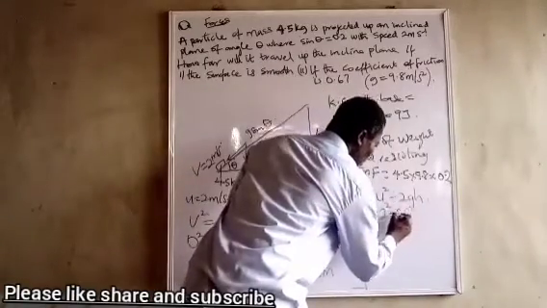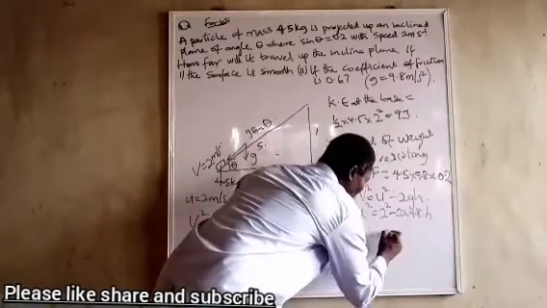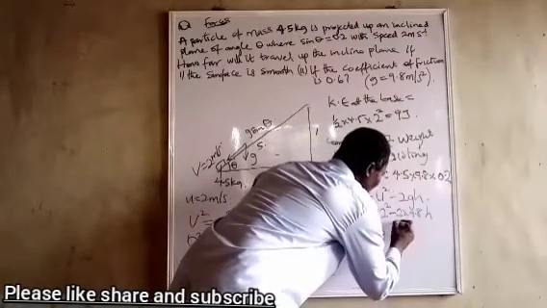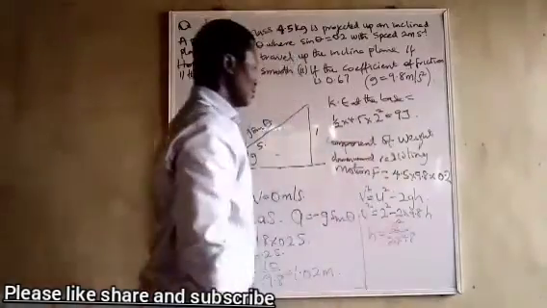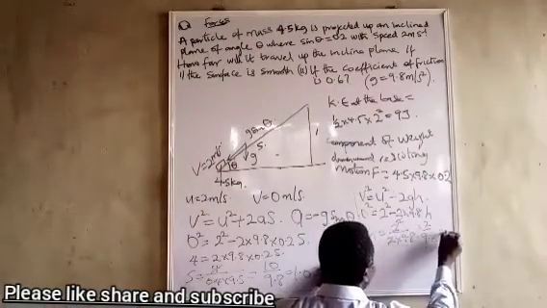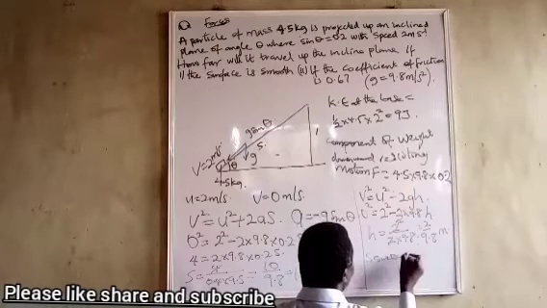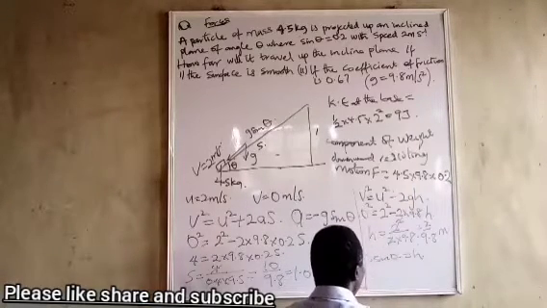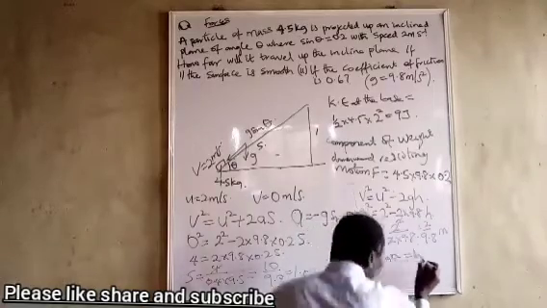So it will be 2 times 9.8h. So at the end of the day, h will be equal to 2 squared over 2 times 9.8. So we have 2 over 9.8 meters. And we see that our s sin theta is equal to h.